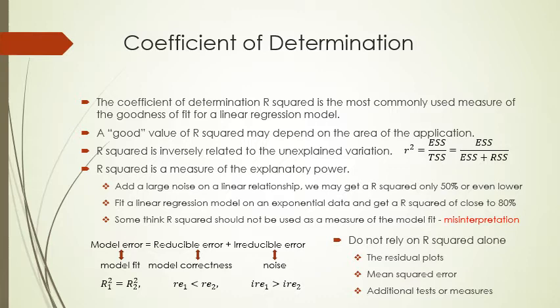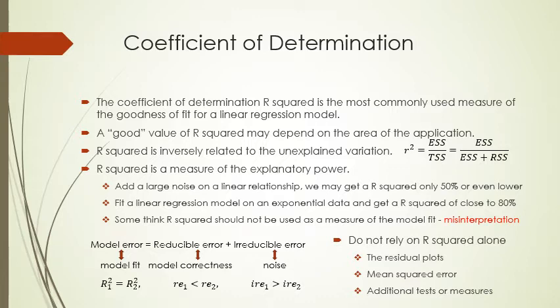The noise may decrease the explanatory power of the model dramatically. If the noise is very large, then the underlying relationship could even be insignificant. Thus, sometimes we may not have a good fit, even if the reducible error is 0.